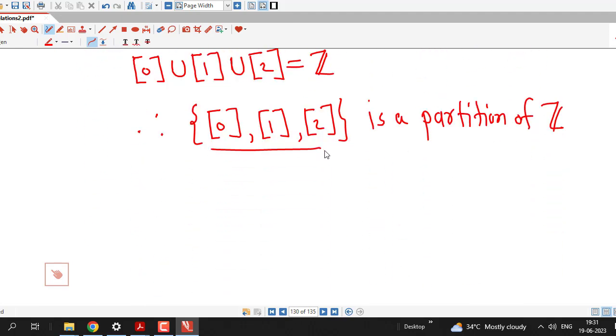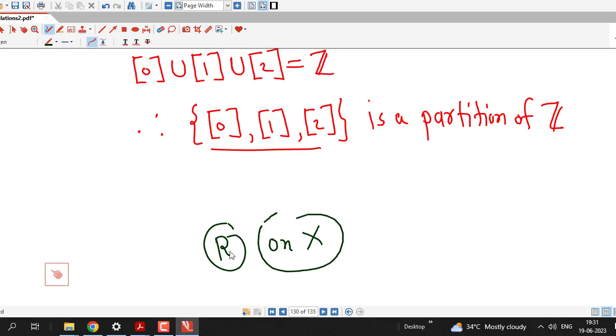And we have discussed in the last session also that if we have R as an equivalence relation on a given set X, then the set of equivalence classes of elements of X always gives us a partition of this set X. Here our set X is the set of integers and we obtain this partition of the set of integers.